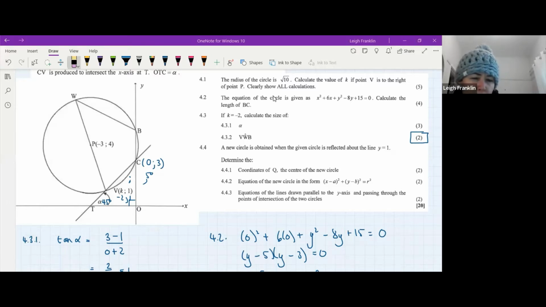So it's not an inverse, it's a reflection. So it's like you looking in the mirror. First of all, let me ask you this. Where is the line y equals 1? Is it a vertical line or is it a horizontal line?